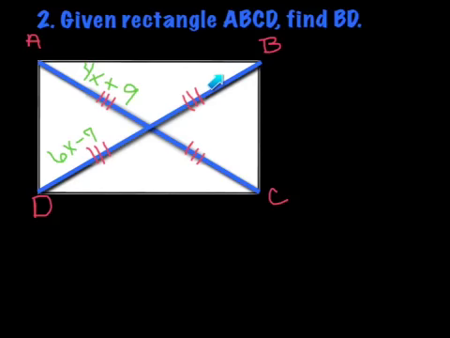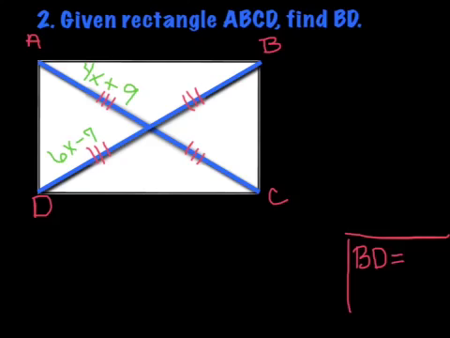And also, this length has to be the same as this length. So, why don't we go ahead and use what we have? We know that this is congruent to this. So let's set that equation up. First off, let me put a spot for my answer. BD equals.